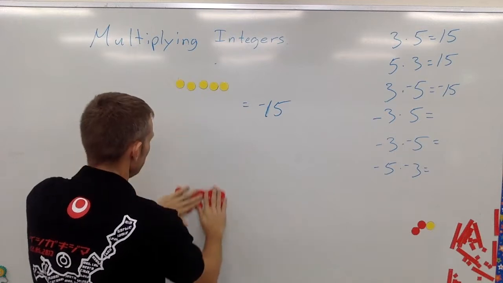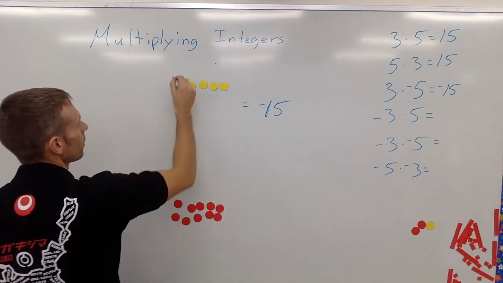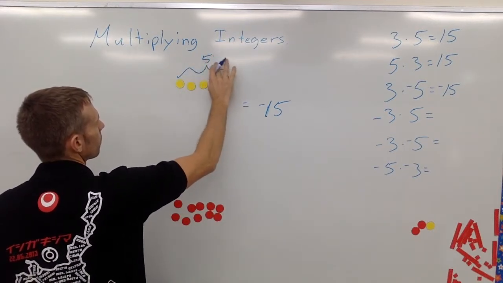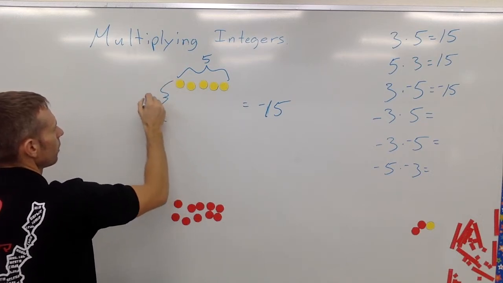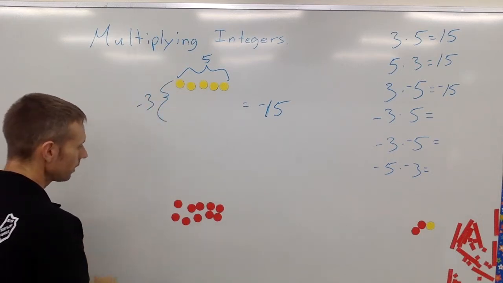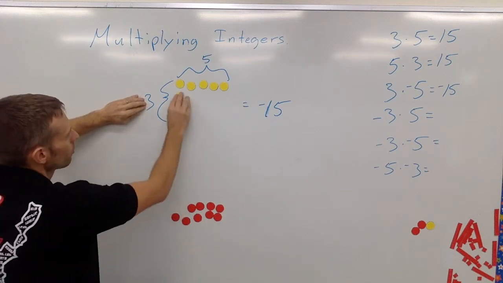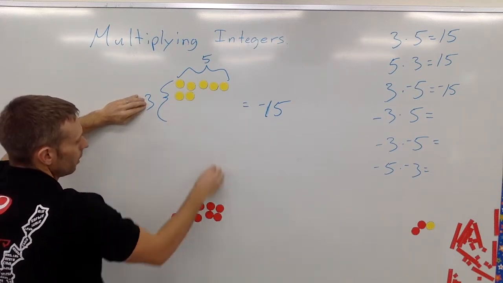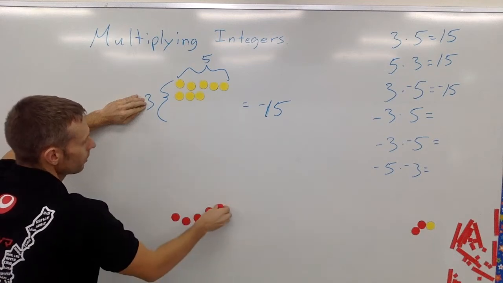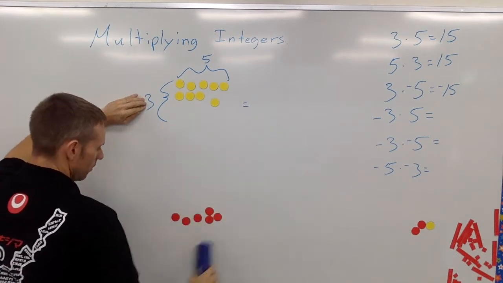Okay, well, what if I have negative groups of 5? Here's my group of 5. Okay, and then here's my negative. If you ignore this negative for a second, if I had 3 groups of 5, I would have positive 15.